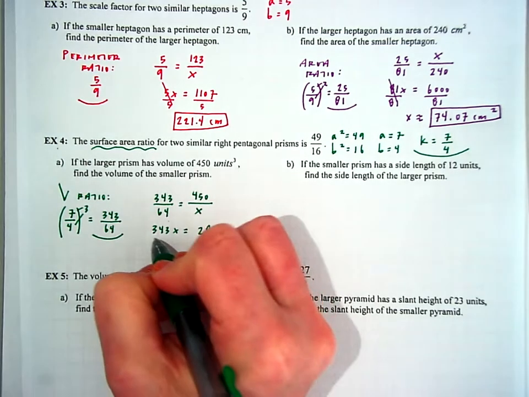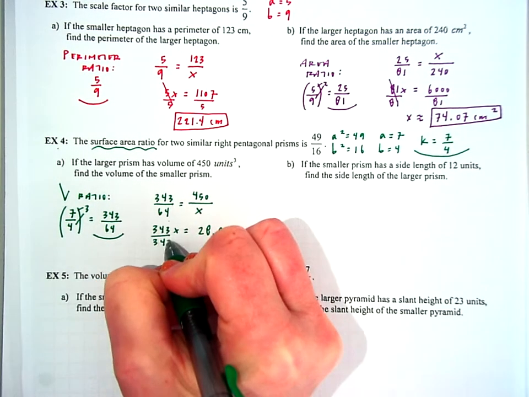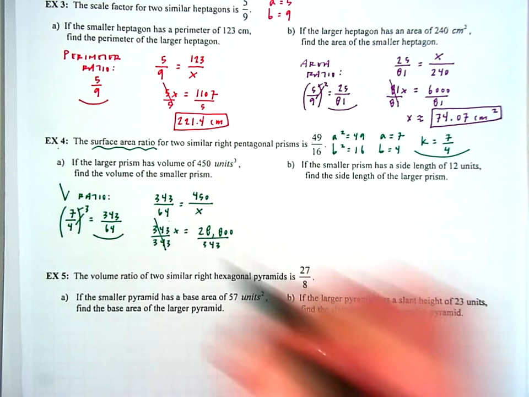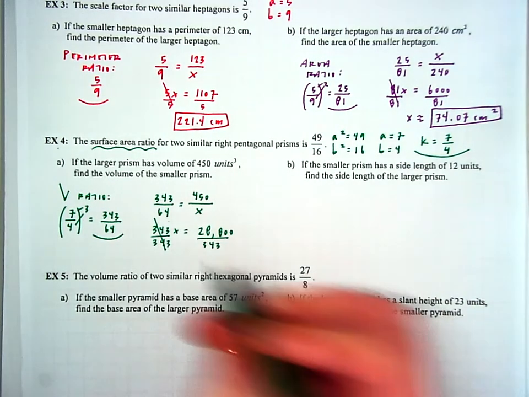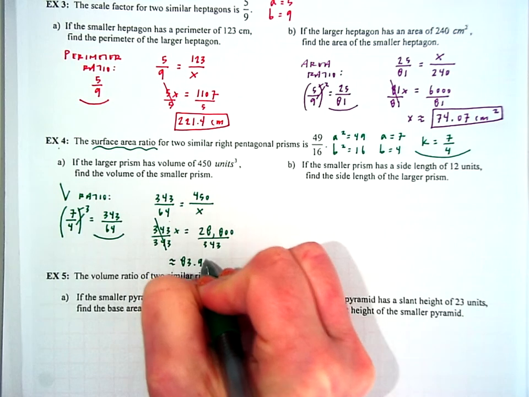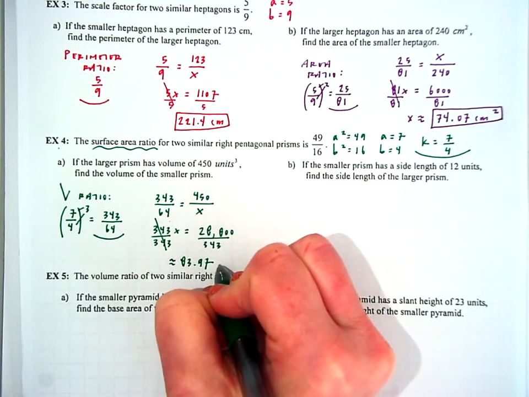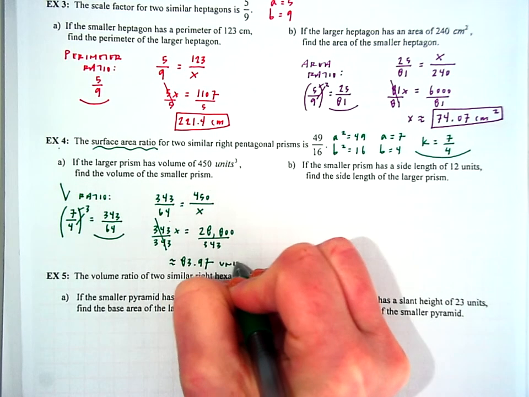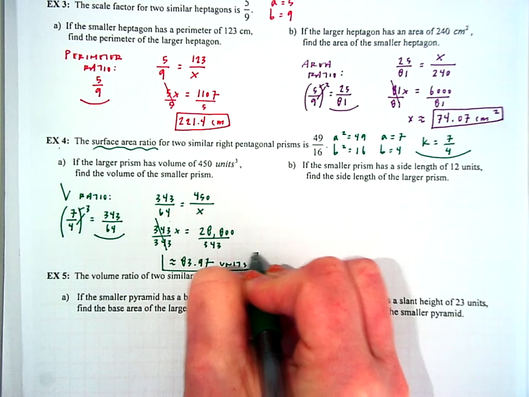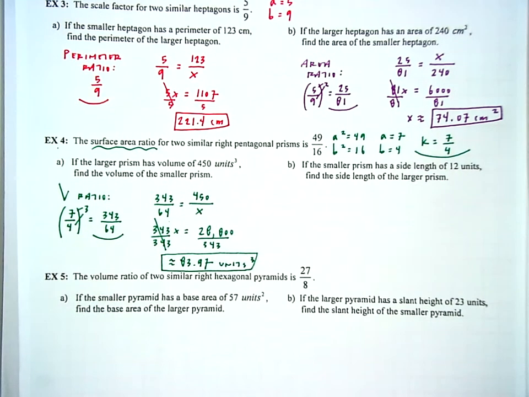Now I cross multiply. I get 343x is equal to 64 times 450, and I get 28,800. Now I divide each side by 343, and I get that x is about 83.97 units cubed.